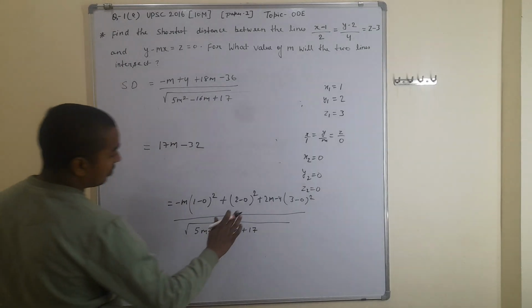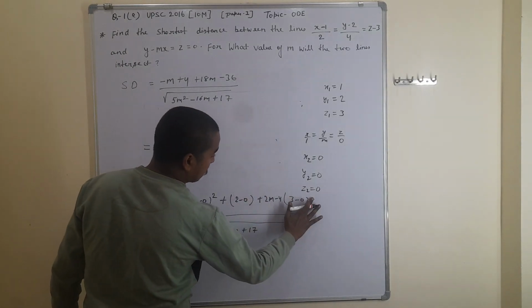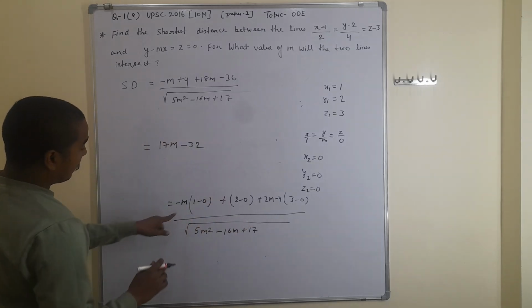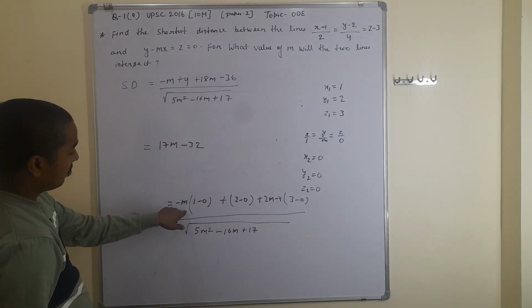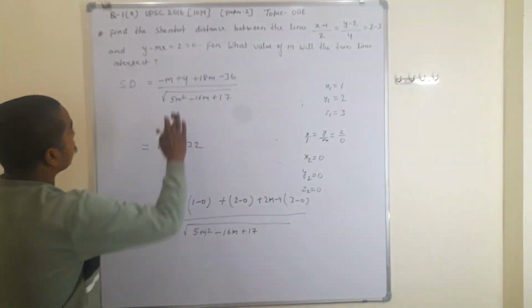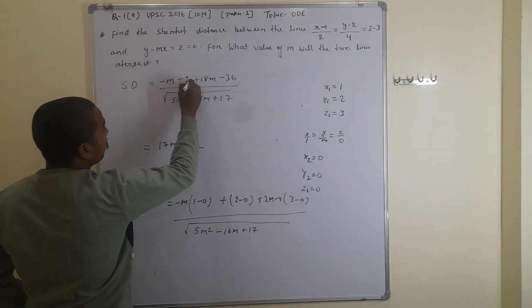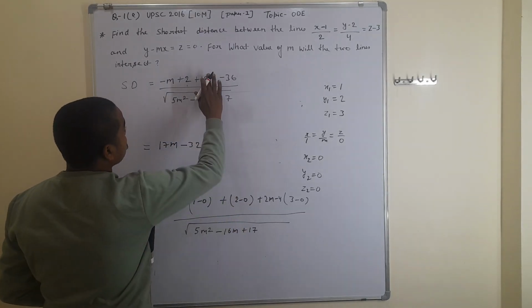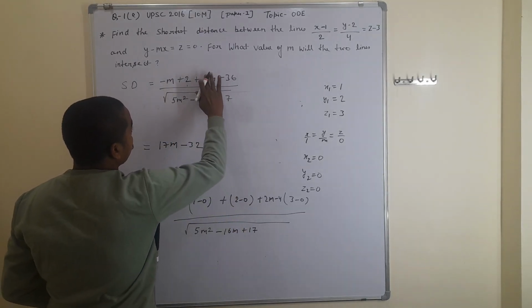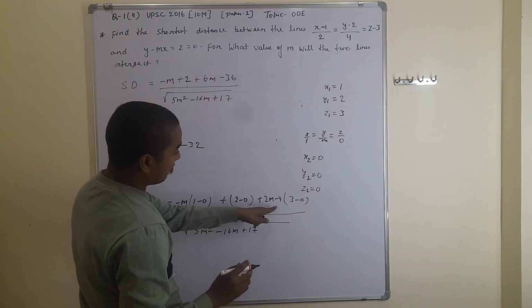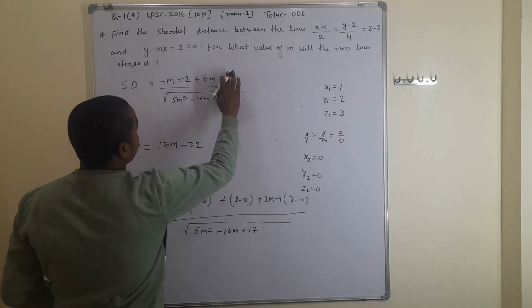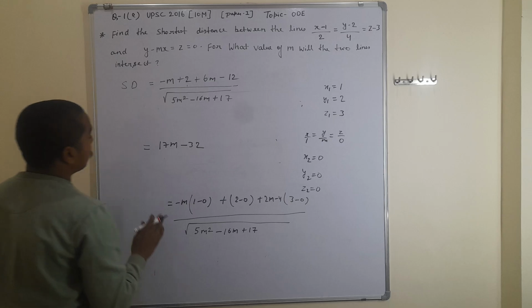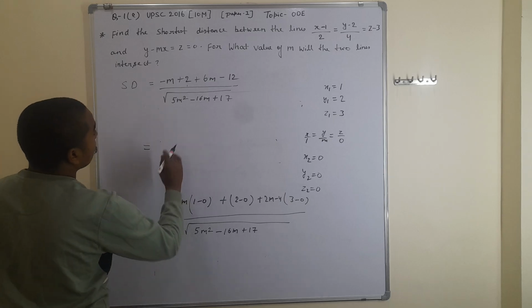So this square is not needed. That is minus of m and plus of 2 and plus of 6m and minus of 12.